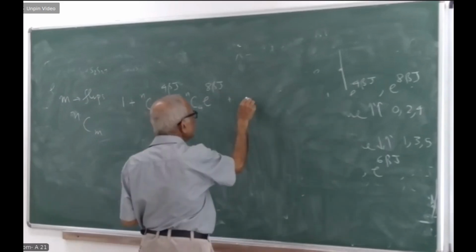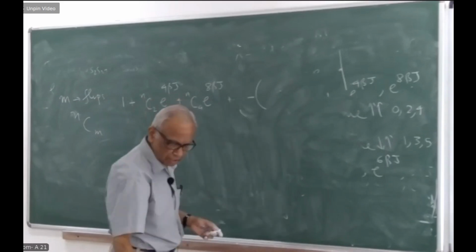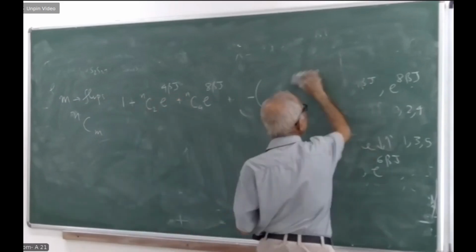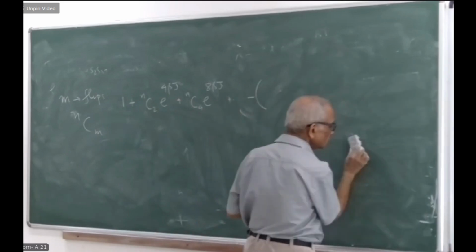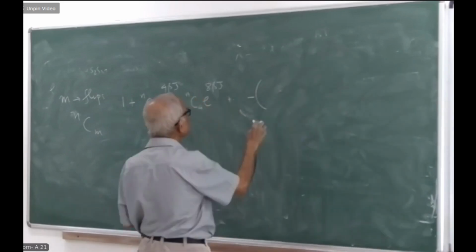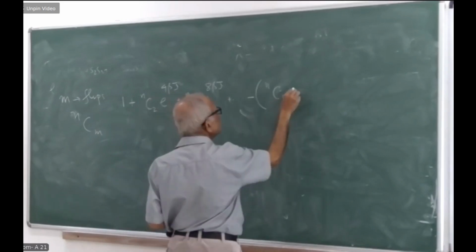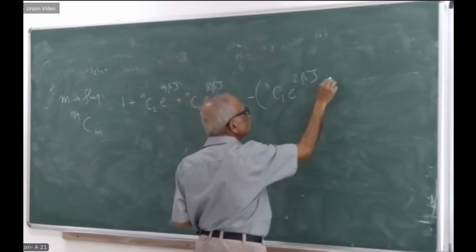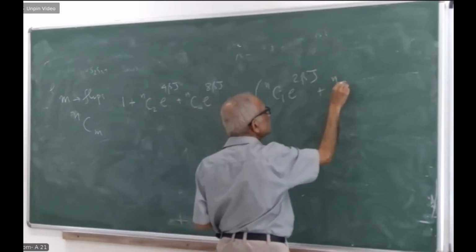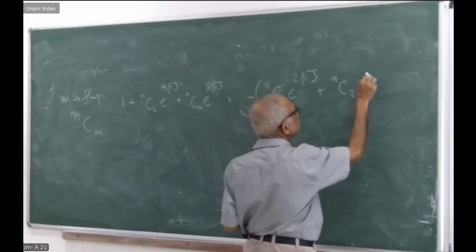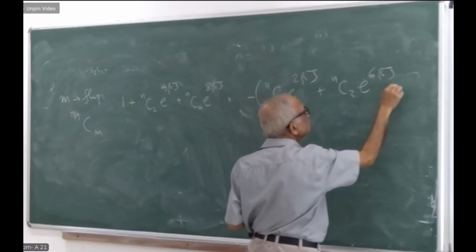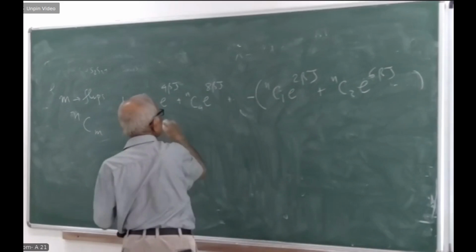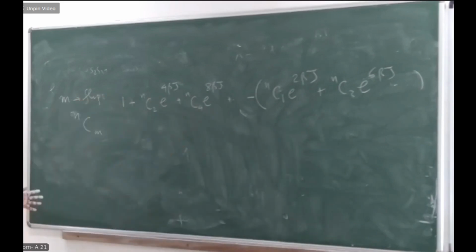And then when it is minus, I have NC1 e to the power 2 beta J plus NC3 e to the power 6 beta J, and so on, divided by just all of them with a plus sign.